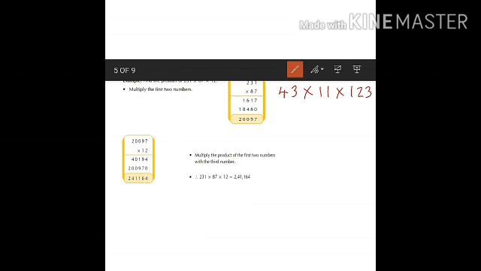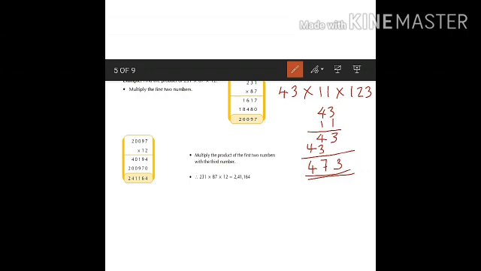Now we'll do the multiplication 43 into 11. 1 into 3 is 3. 1 four is 4. 1 three is 3. 1 four is 4. Now we'll add 3, 7, 4. So we will get the answer as 473 when we multiply 43 into 11.